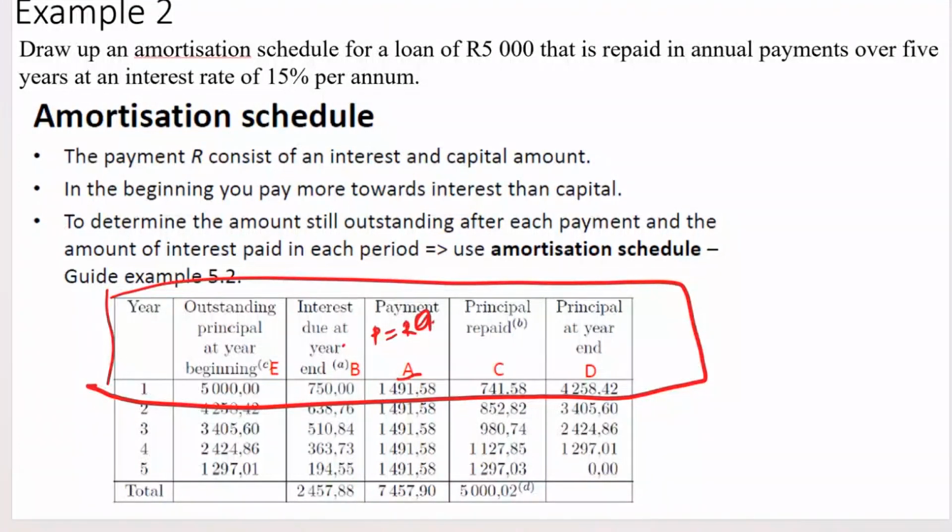Your interest is just the formula PRT. The principal repaid is your payment minus your interest. And then the principal at the end of the year is the amount you have paid, minusing this.